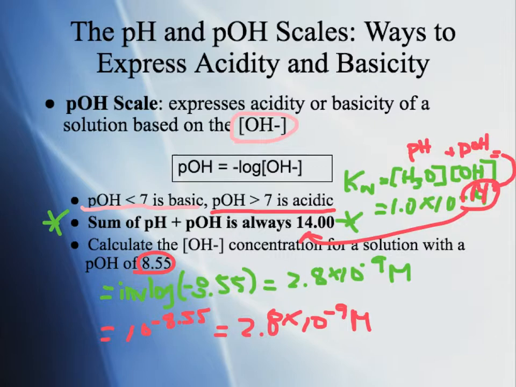Either way, just do the inverse, just do the opposite on your calculator. So instead of pushing negative log, you push negative inverse log. So please be sure you find that button on your calculator, and if you don't, either ask somebody around you who may have found it, or you can ask me at a later time.